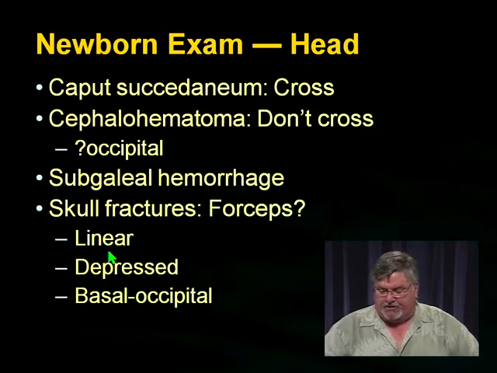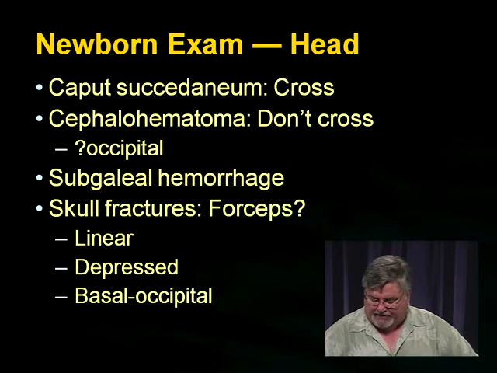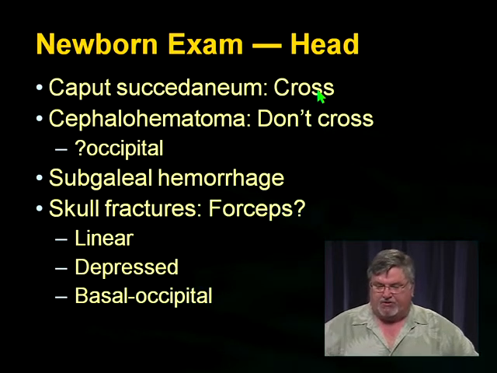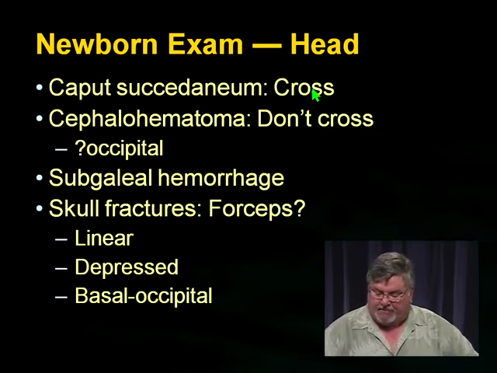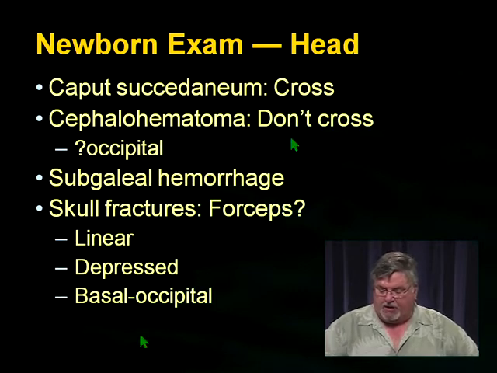Caput: a baby who's been in labor for a long time, or a baby who was instrumented, particularly vacuumed, particularly when the vacuum flies off, tends to have caput. That caput extends across suture lines of the head, versus a baby with a true cephalohematoma, where they generally don't cross the suture lines of the head.